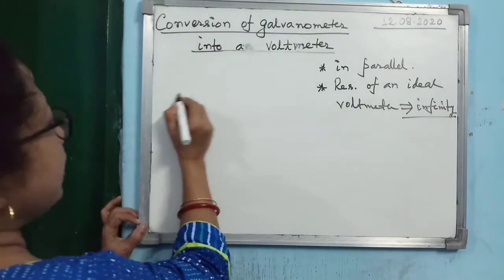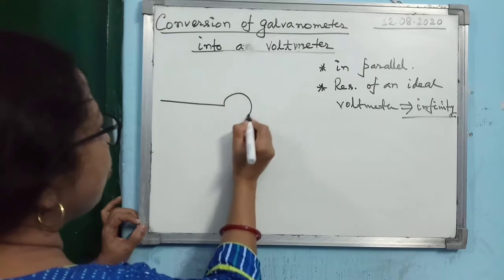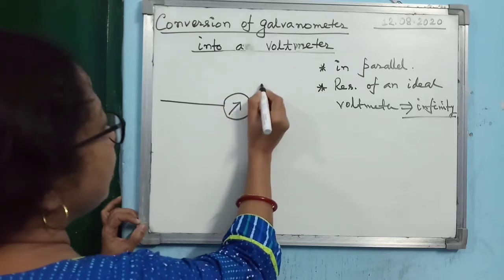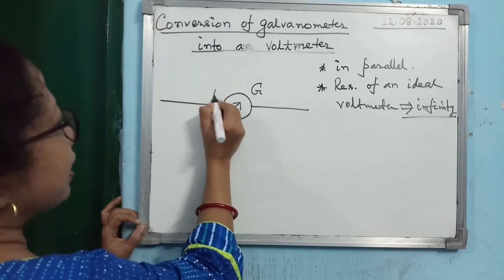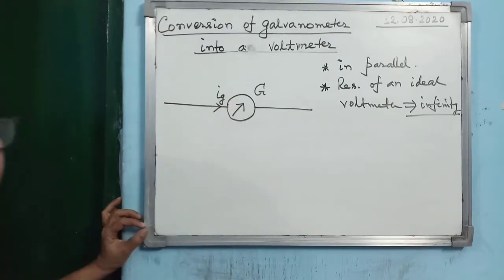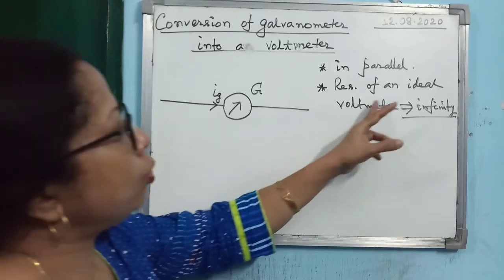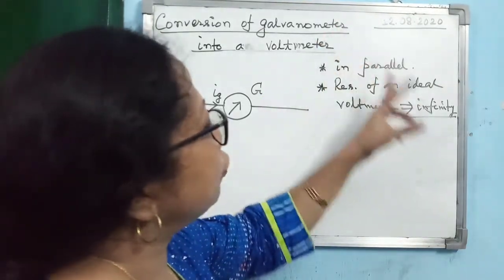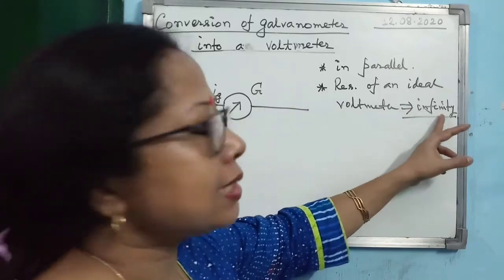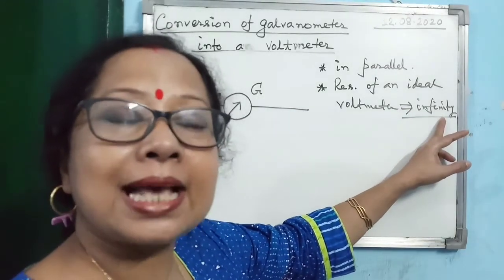So here, when we have one galvanometer with resistance G, it can withstand the current Ig. Now if you want to convert it into a voltmeter, you have to make the resistance as large as possible.